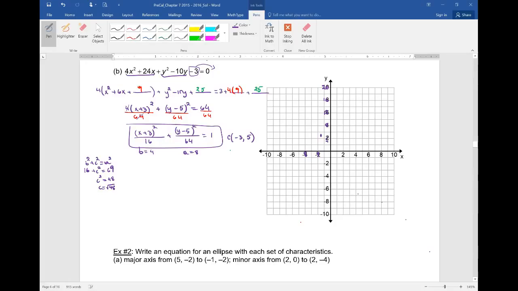Now, if this is a vertical ellipse, that means the vertex and the focus are going to get added to the y. Okay? So to find focus, it's going to be negative 3, comma 5 plus root 48. Negative 3, comma 5 minus root 48.